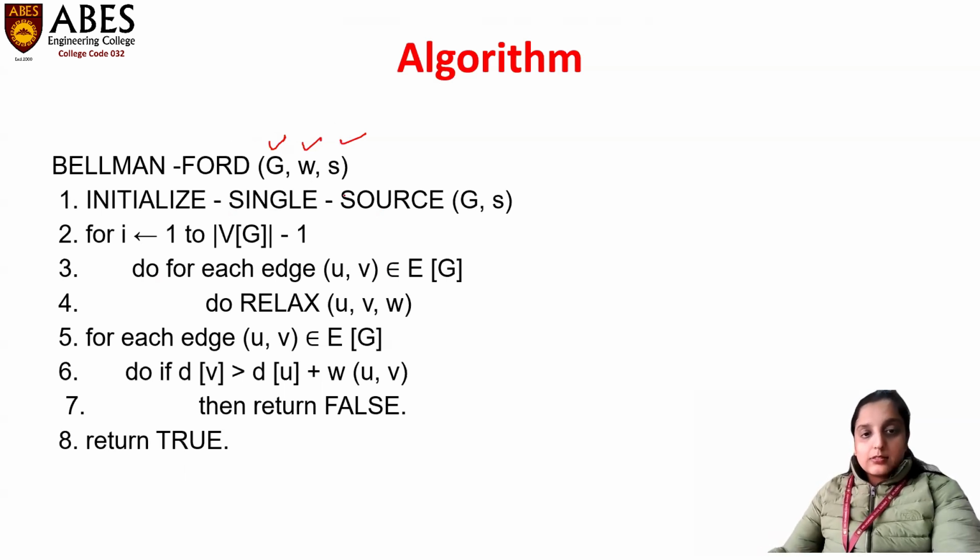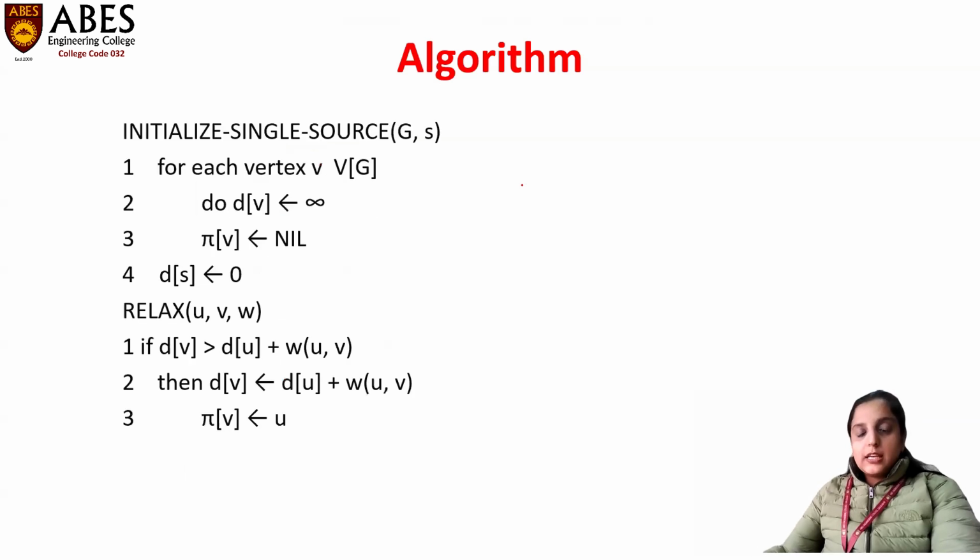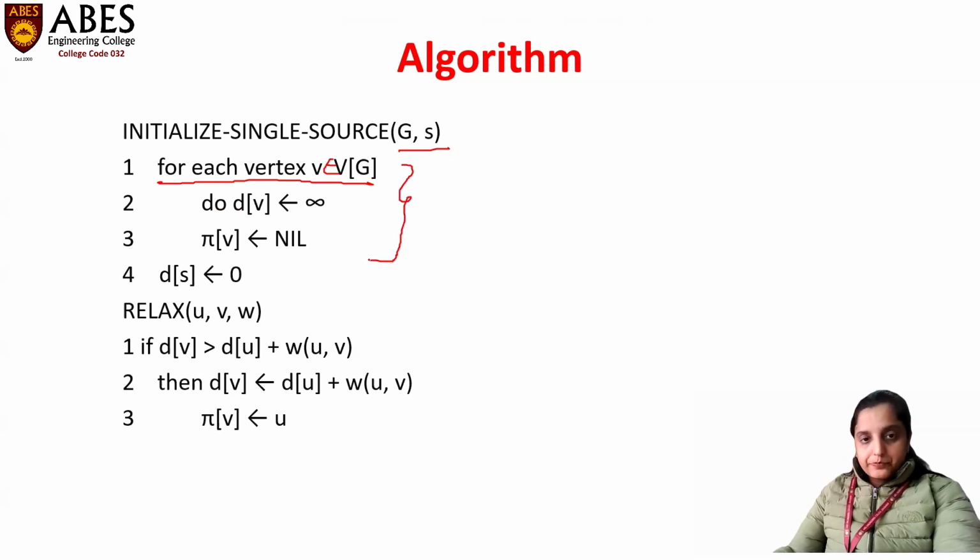After that, the first line says to just call the function initialize single source. So let's go to this function. As you can see here, in this particular function, we are passing our graph G and the source vertex S. After that, it says that for each vertex V belonging to V of G, do some initializations.